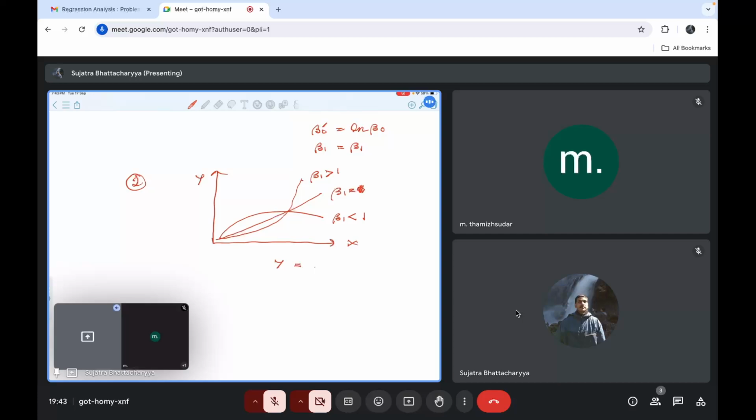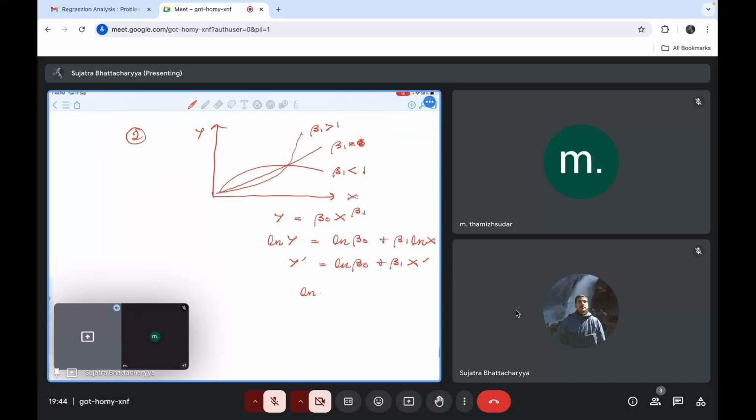So if your fit is like this, y equal to beta naught x to the power beta 1, then again you can take log to linearize. This is log y equals log beta naught plus beta 1 log x.